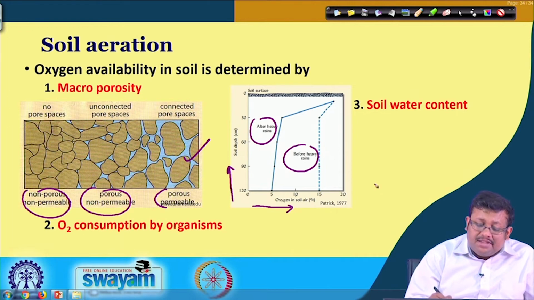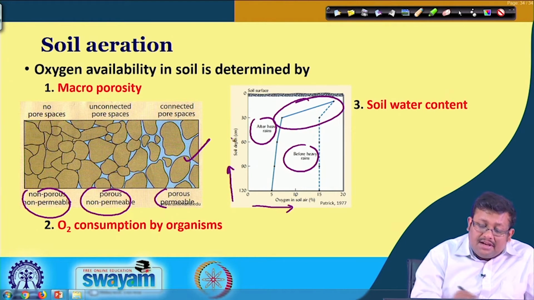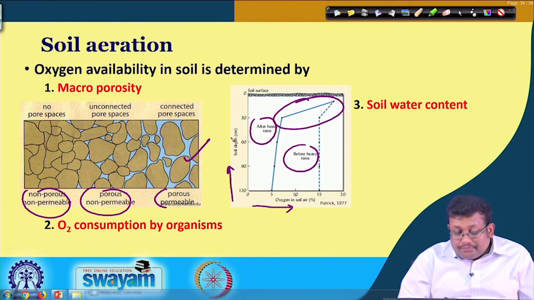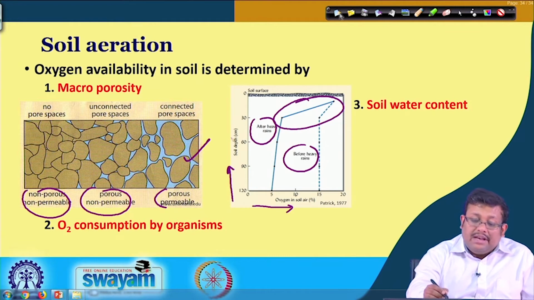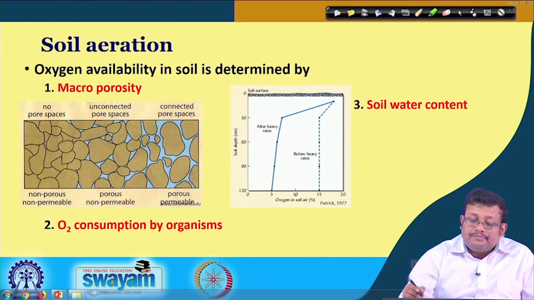These differences are maximum at the upper layer of the surface. The change in oxygen in the soil layer is drastic in the upper layer of the soil just after a heavy rainfall.